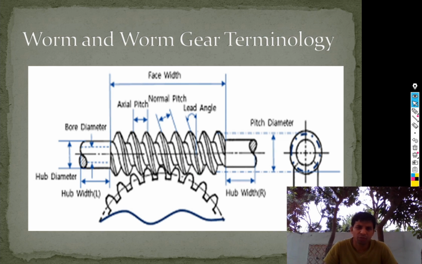Normal pitch is the distance between two teeth along the normal. And lead angle is the angle between the vertical line and the slant of the teeth.